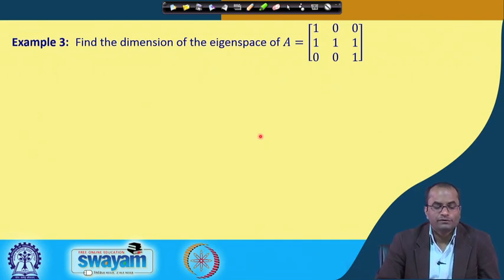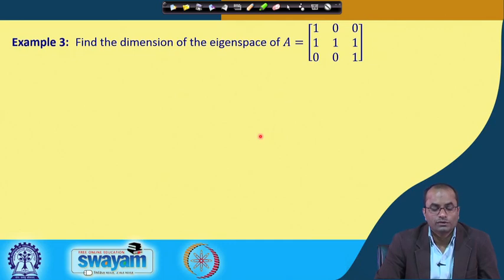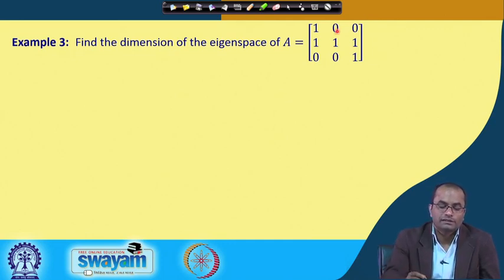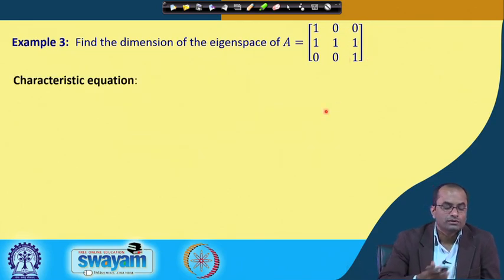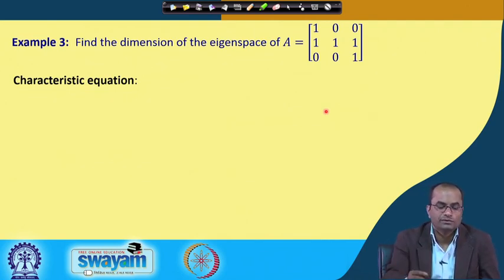Another example where we will find the dimension of the eigenspace is this very special matrix here: rows (1, 0, 0), (1, 1, 1), and (0, 0, 1). In this case again we need to write the characteristic equation, that means the determinant of A minus lambda I is equal to 0. So, 1 minus lambda, 1 minus lambda, and 1 minus lambda.